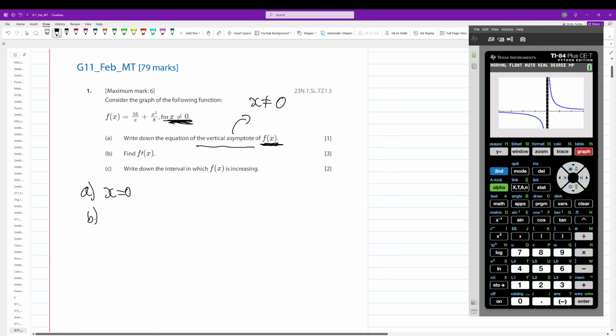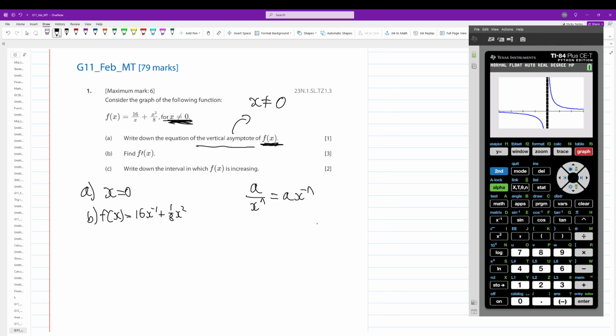B, find the derivative of f. Before we can do that, we need to make it a polynomial. We're making this a polynomial by remembering that anything over x to the power of n is x to the negative n.